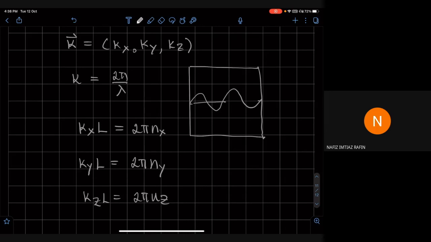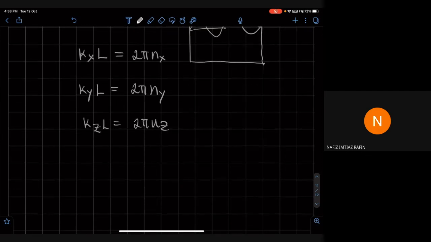You might say, why not half a wavelength? If it's a half wavelength, then they will reflect and interfere with themselves, and it'll give you a 0. It will not give you a standing wave. And that's why we need full wavelengths. Okay? So here, nx, ny and nz are integers. Okay?